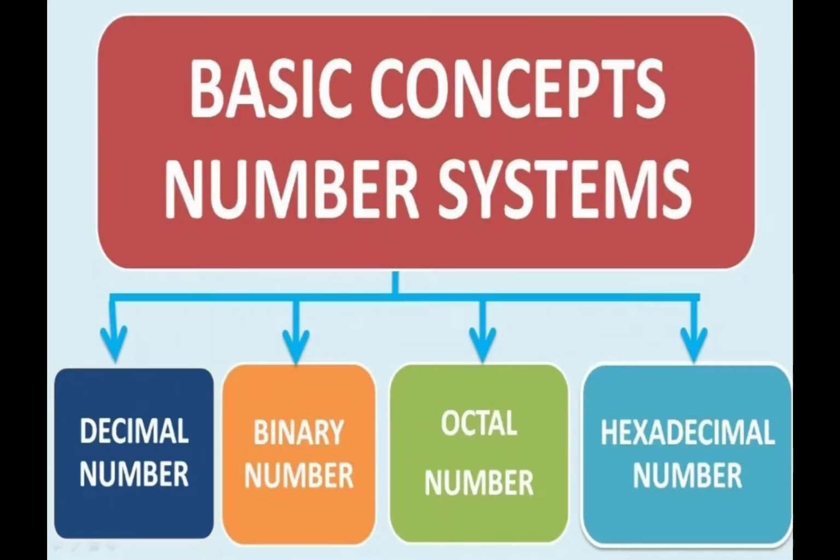If the base is 2, it is a binary number. If the base is 8, it is an octal number. If the base is 10, then it is called decimal number system. And if the base is 16, it is part of the hexadecimal number system. The conversion of decimal numbers to any other number system is an easy method, but to convert another base number system into decimal requires practice.